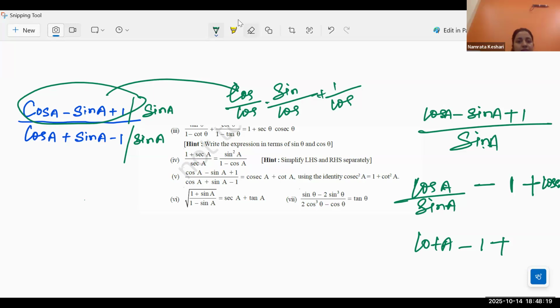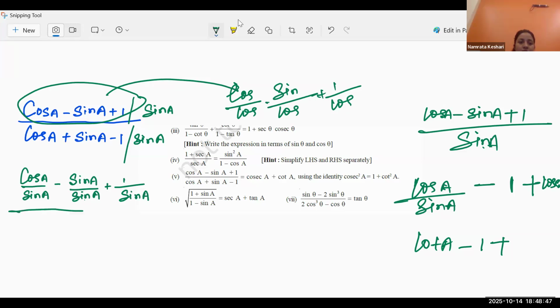Yes, ma'am. Okay, so we are dividing the numerator and denominator by sin a. The moment you divide the numerator and denominator by sin a, your numerator will be cos a by sin a minus sin a by sin a plus 1 by sin a, over the denominator cos a by sin a plus sin a by sin a.